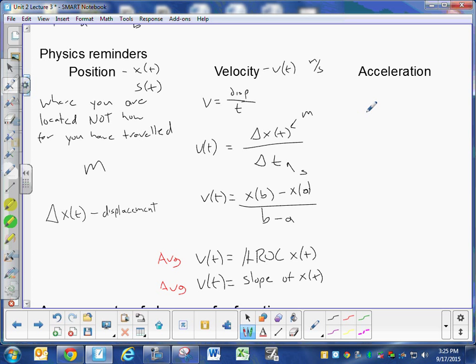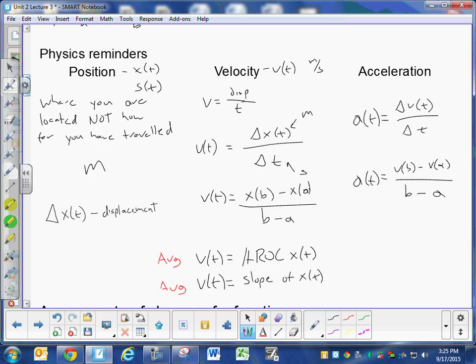Acceleration is going to be the change in your velocity over your change in time. And we can say the change in my velocity is just the change in my velocity from one point to the other divided by my times right there. Times our x coordinates, v of b, v of a, y coordinates. What is that? That's just slope.